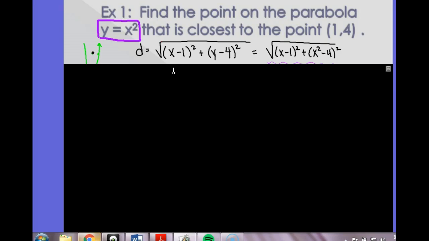Well, we can't have two variables because that would bring two derivatives into our problem. So what I did was I said, well, y is really just x squared. So I substituted x squared for the y. So now I was able to transform my distance formula to be in terms of one variable. As I said, I'll get there. You'll see it.